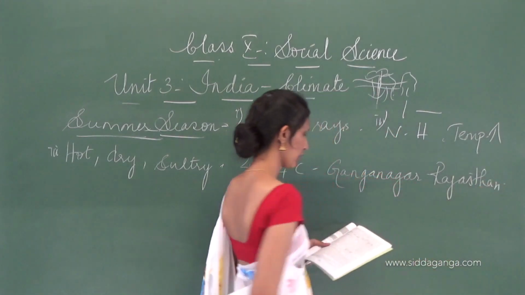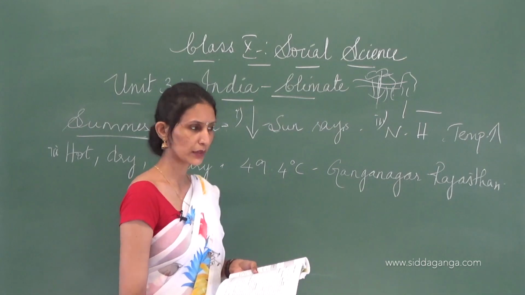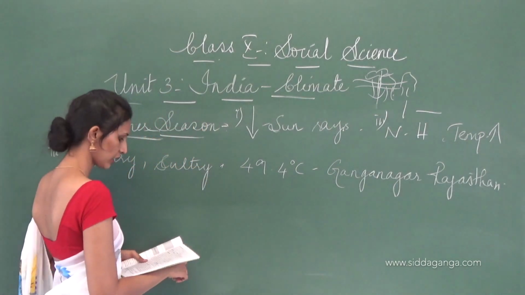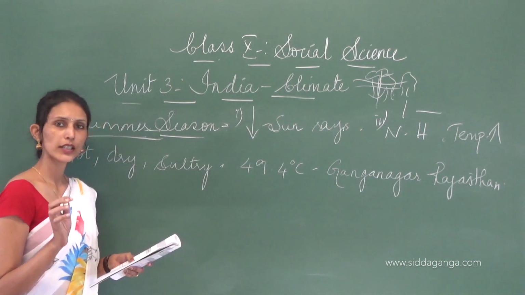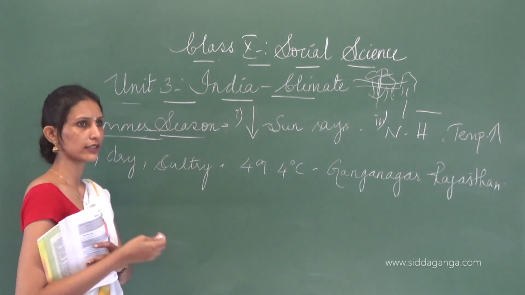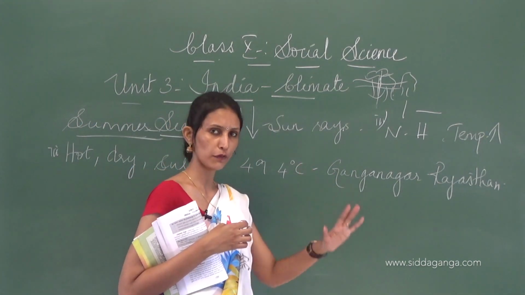Then, not regular rains but convectional rains occur in some parts of the country. Convectional rains are rainfall that is known for that area.